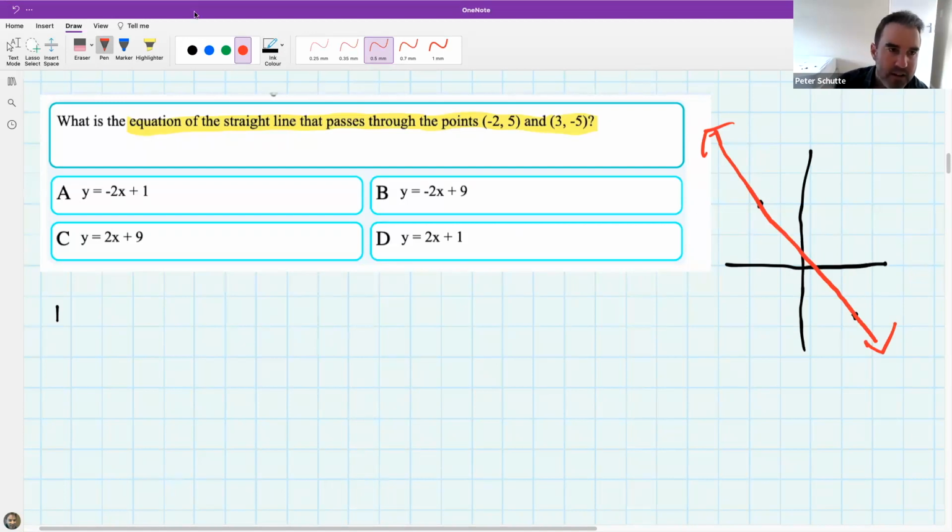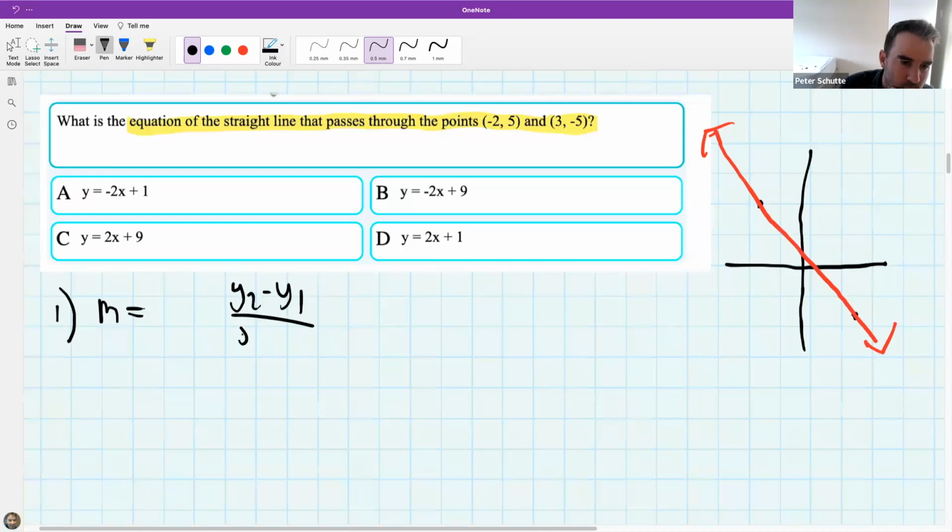Now, we have 4 choices, but always we need to find the gradient first. And so when we're finding the gradient, I want you to use this formula. So let's have everybody find the gradient and then put the gradient in the chat. So if you're completely new, all I want you to do is take these 2 points and try and find the gradient and then pop it in the chat.